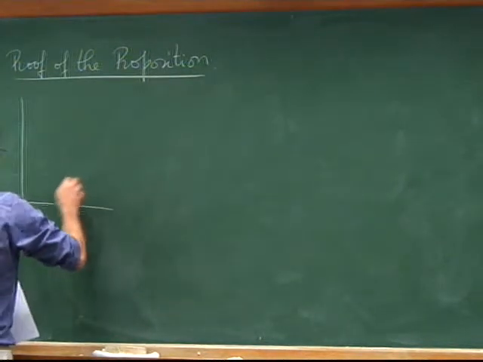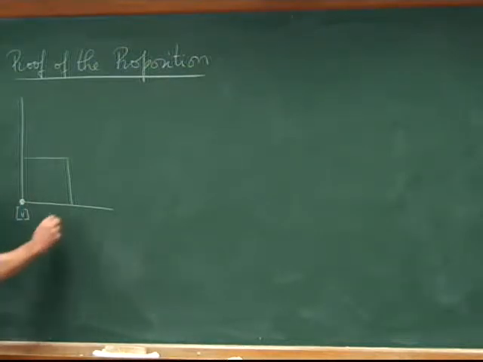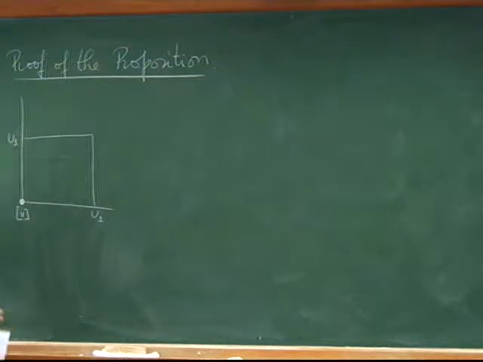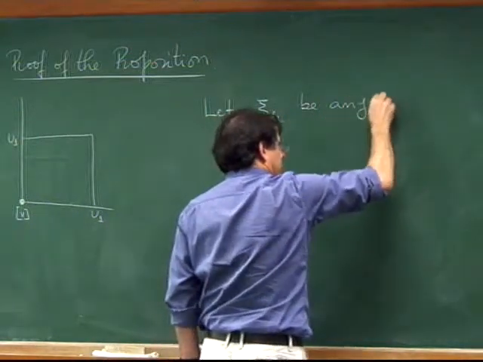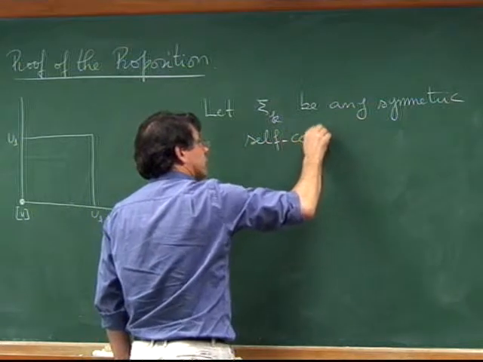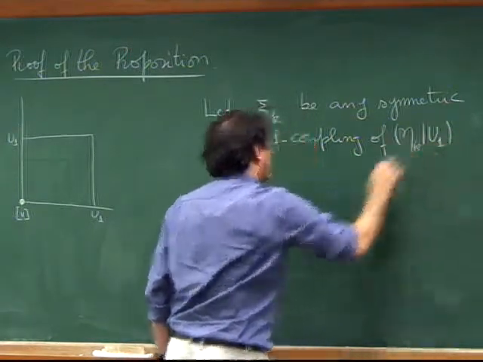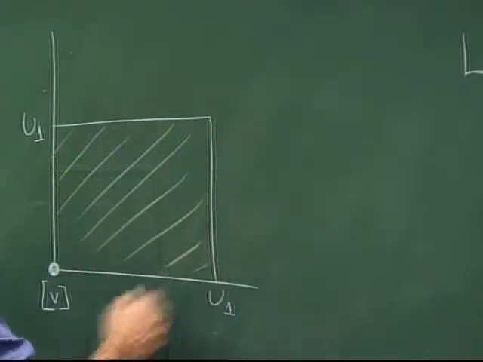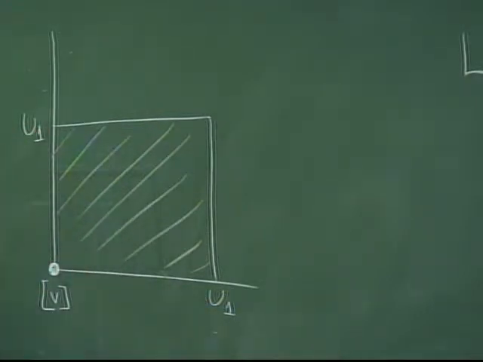So let's draw a picture where the expanding point V is here, and this is the neighborhood U1. This is the product. So you start with C k, any symmetric self-coupling of eta k restricted to U1. So that's a measure in the product whose projection here is the restriction of eta to U1, and whose projection here is also the restriction of eta to U1.